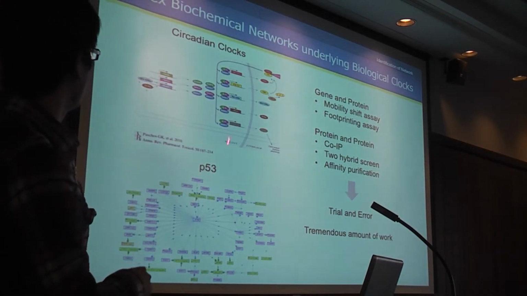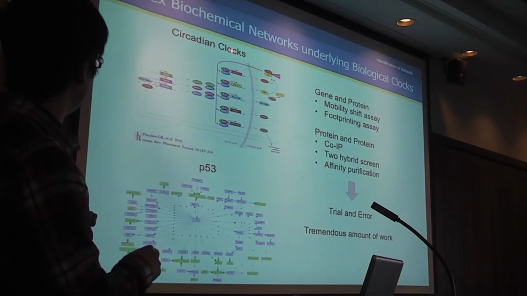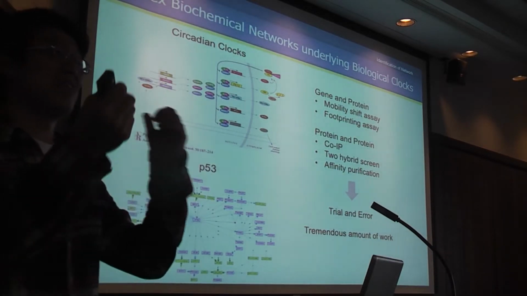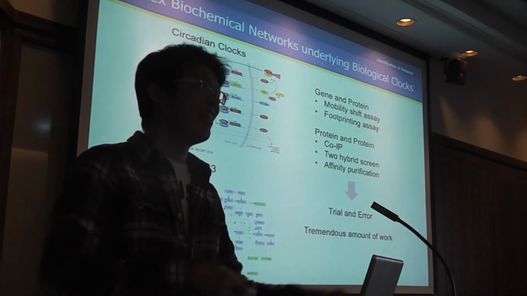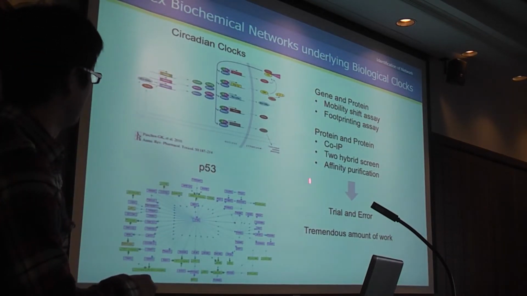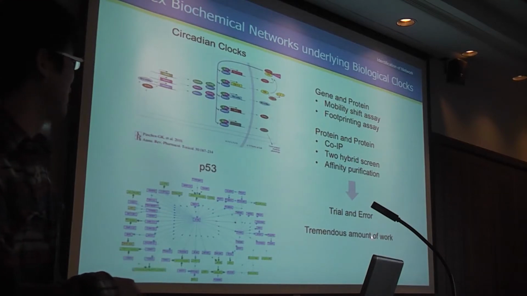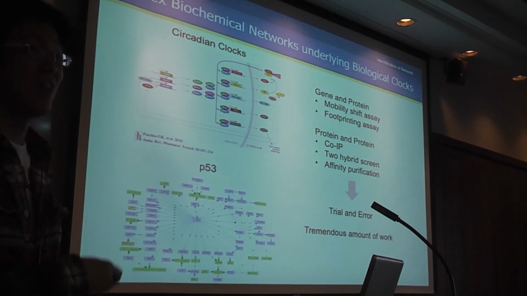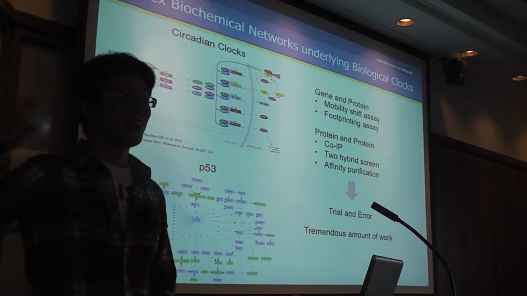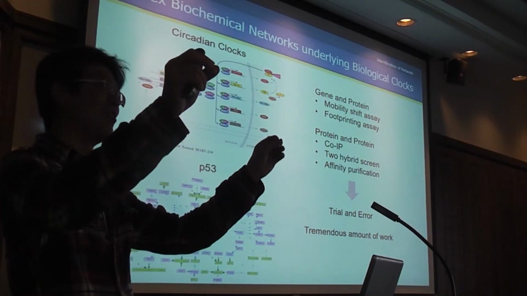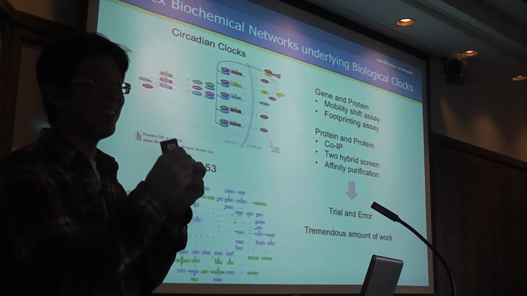So how do biologists identify all of these interactions between protein and protein or gene and protein? Are they using this type of tools? But this type of tools is based on trial and error. What they do is they select two proteins that look good, and they test them.